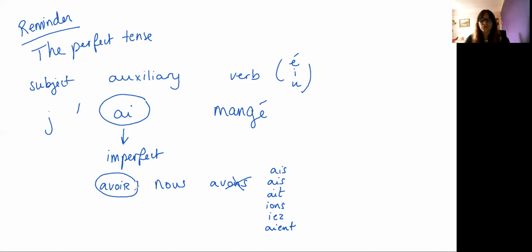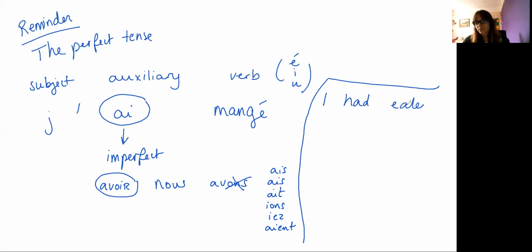So to formulate the pluperfect, you're going to have your auxiliary, so avoir, in the imperfect. So that would give you something like I had eaten, would be je apostrophe.